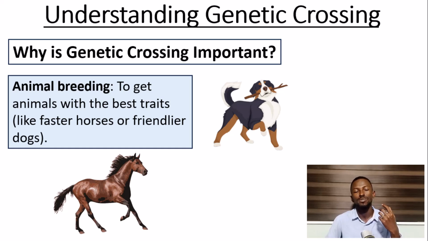Why? Because they are of the view that the offspring of the mating will have desirable traits from their parents. So that's how important genetic crossing is. So what those people are basically doing is genetic crossing. So it helps them to get the best traits from animals, for example, having faster horses or friendlier dogs.